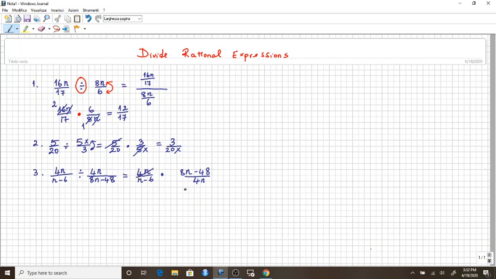Notice how 4n and 4n simplify, and then it may still simplify. Notice that there is a greatest common factor between 8n and 48, which is 8. So we can factor out 8, and inside parentheses we're left with n minus 6. Then we divide this by n minus 6. So we can simplify the n minus 6, and your final answer is just 8.